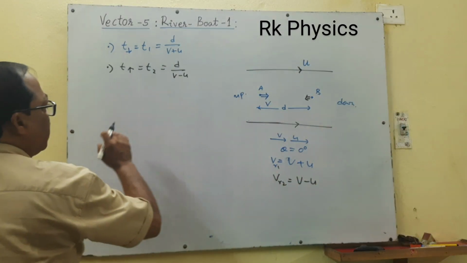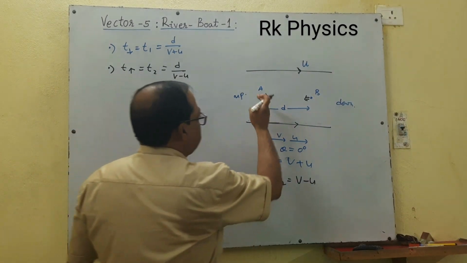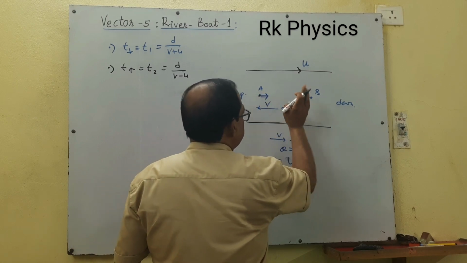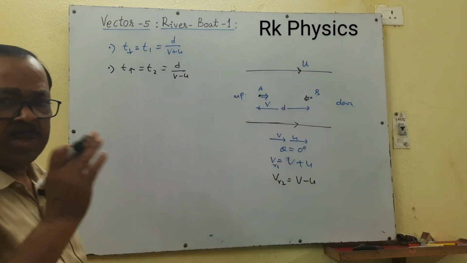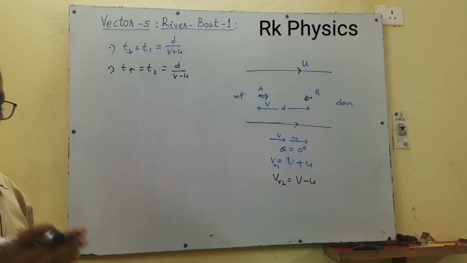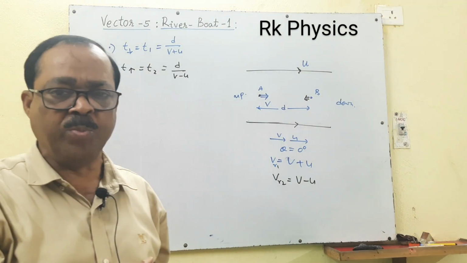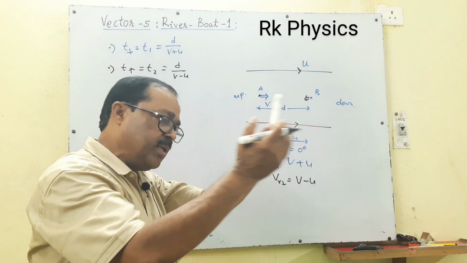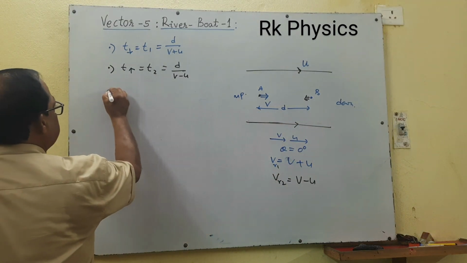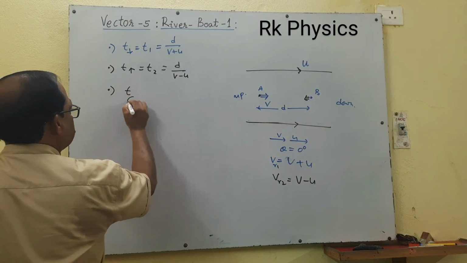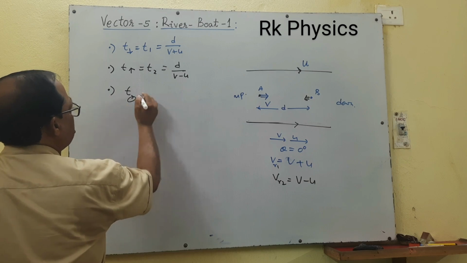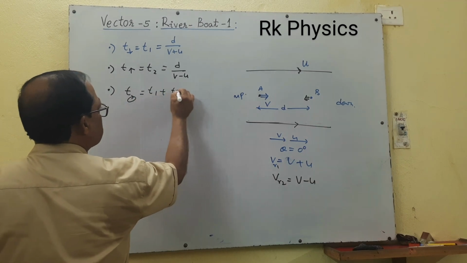Then if you consider a swimmer who moves from A to B with velocity v, then returns, the total round time is T1 plus T2.